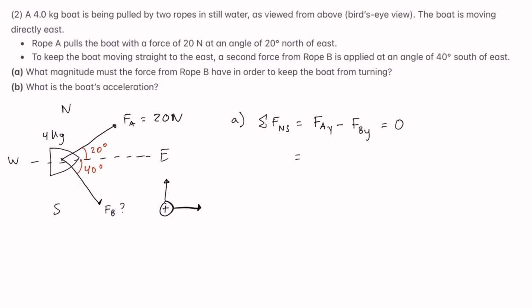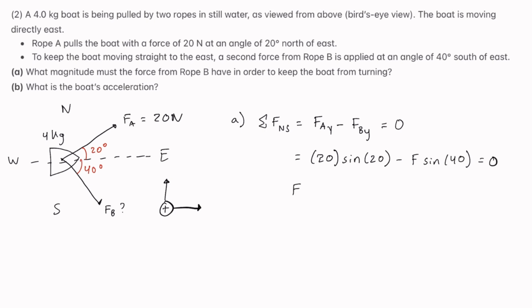So, we'll multiply the magnitude of force A by sine 20, which will give us its y component, and subtract the magnitude of force B, which we don't know yet. We'll just say F times sine 40, which gives us its y component, and set that equal to 0.